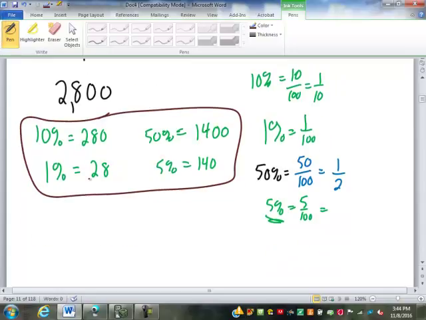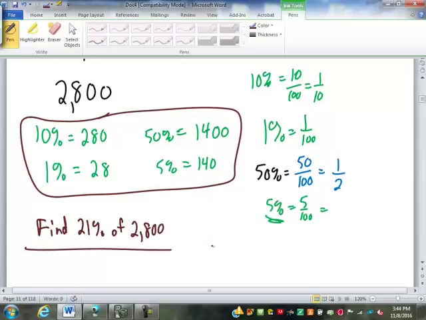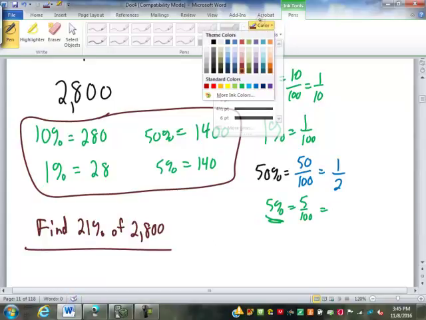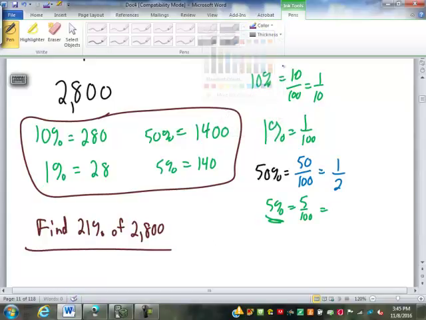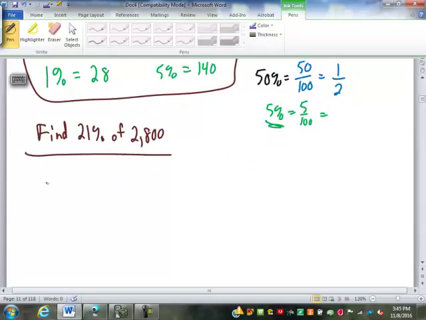For example, let's say I wanted to find 21% of my 2,800. 21% can be thought of as simply being 10% plus 10% plus 1%. That adds up to 21%.